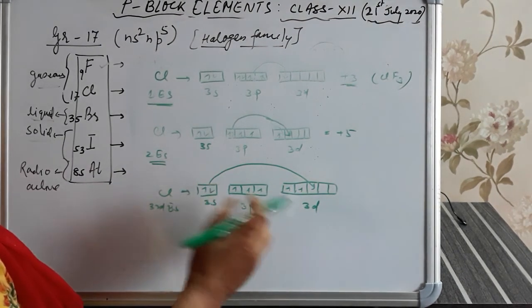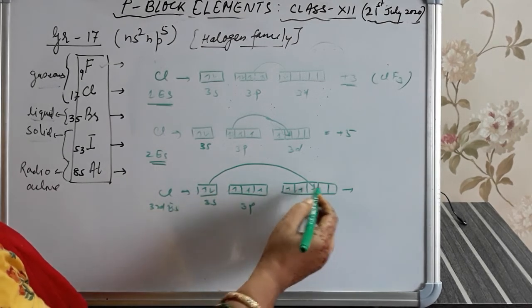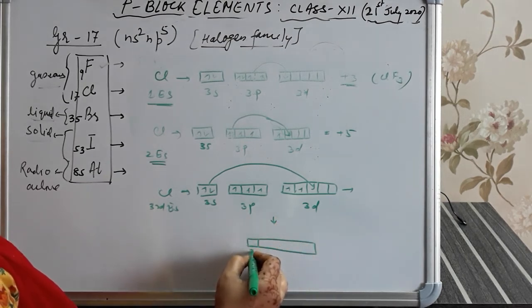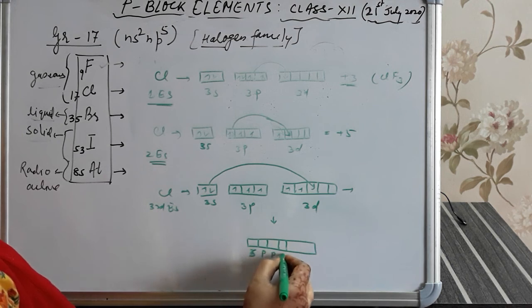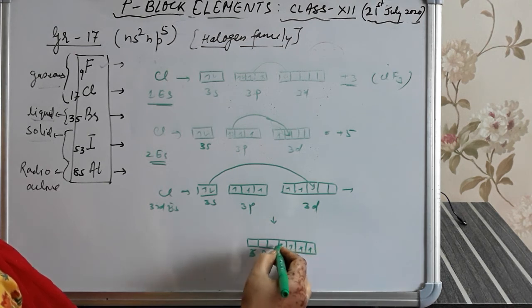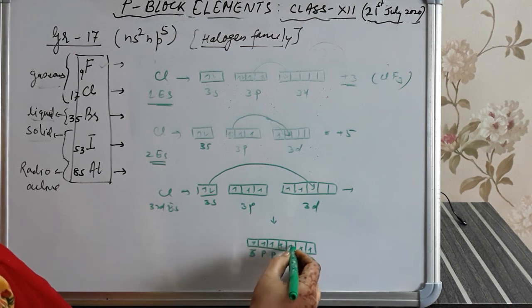So it has a total of 1, 2, 3, 4, 5, 6 and 7 unpaired electrons.